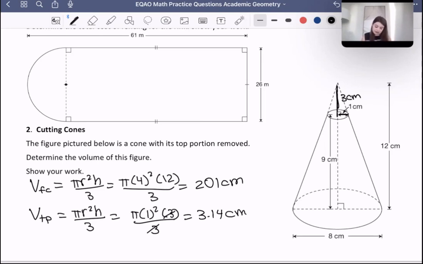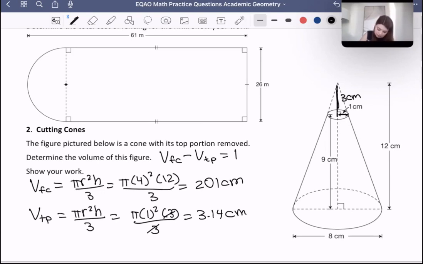And then to find the volume of the figure, we must subtract them. We must do VFC minus V of the top portion, so the volume of the full cone minus the volume of that top portion is going to give us about 198 approximately.